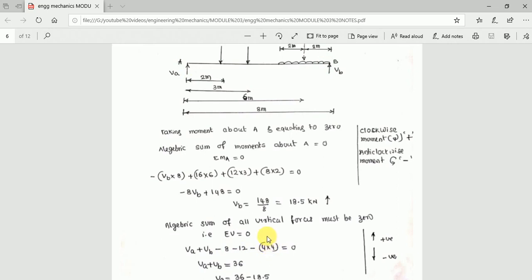4 into 4, which is the 16, is equal to 0. So VA plus VB minus 8 minus 12 is 20, minus 16 will become 36, equal to 0. If I shift this 36 here, it will become positive.